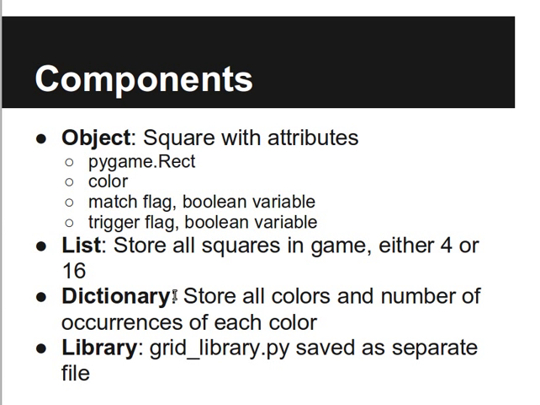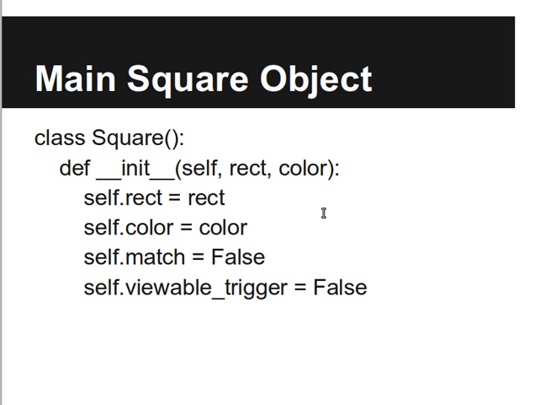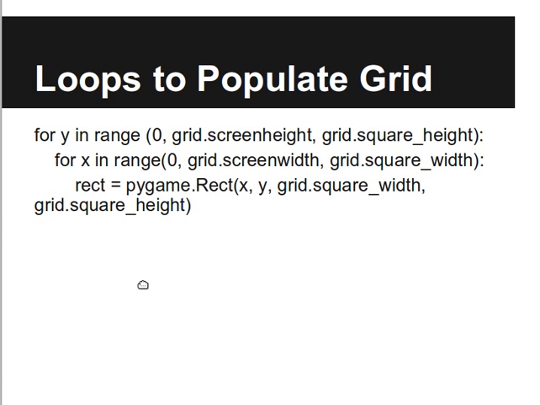There's a dictionary to store all the colors and number of the occurrences of each color, and there's a separate external library on a file, grid_library.py, saved as a separate file. Here's the main square. Very simple, 4 attributes. Here's a loop to populate the grid.